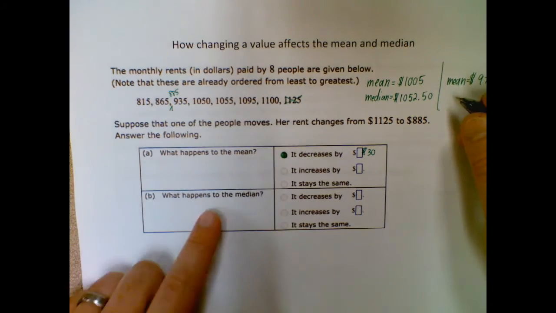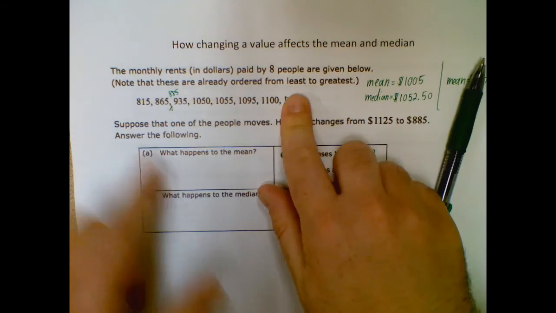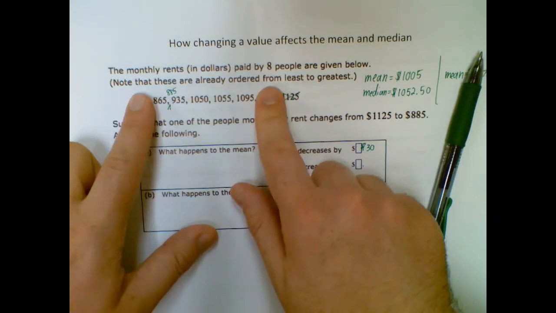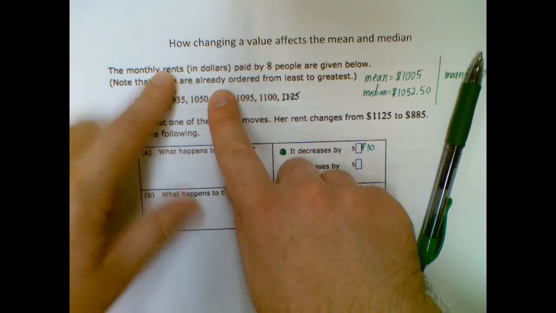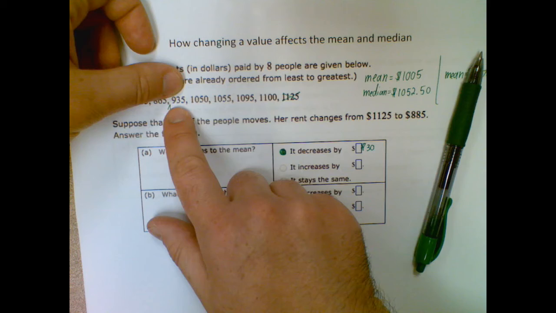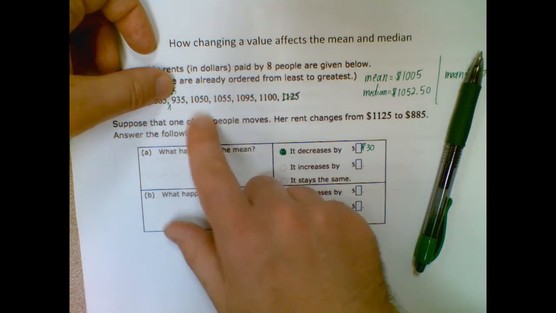Okay. What happens to the median? In this case, I'm not going to use the 1125. That's gone. So take out 2, take out 2, take out 2. Now, instead of averaging 1050 and 1055, I'm going to average 935 and 1050.